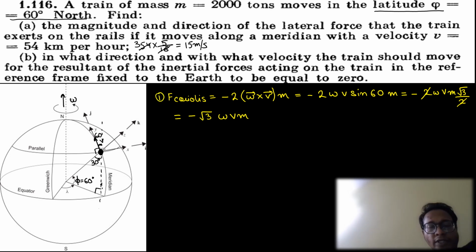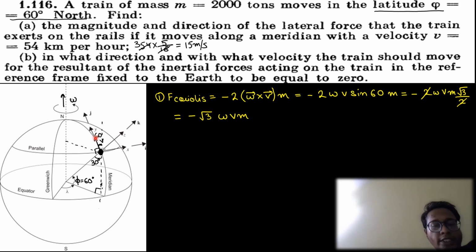The second way of doing this problem is, see, this velocity can be resolved into the vertical vector and the horizontal vector. The horizontal vector would be perpendicular to this line. So assume this line and this line to be parallel.